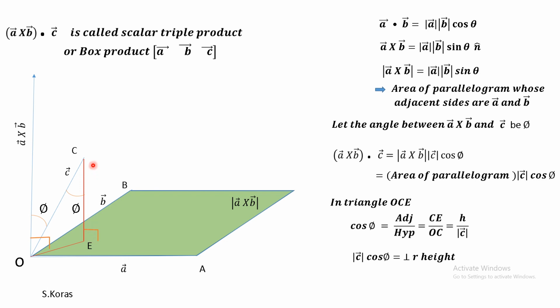This is not simply height, this is perpendicular height. As you studied in earlier classes, if you multiply the base area with the perpendicular height, we will get the volume of that structure.